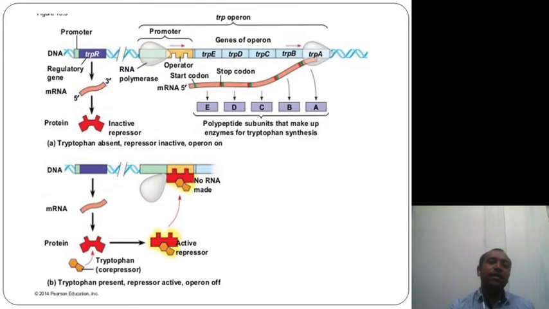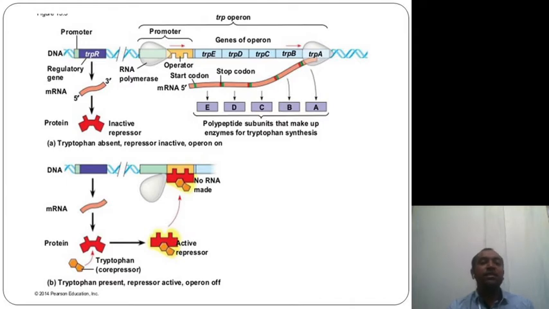Okay, let us see the diagram and try to understand. This is the operon. In the first case, we will be talking about when tryptophan is absent in the medium. Now, this TRPR, a regulatory gene, as you can see over here, is constitutively expressed, so it undergoes transcription to produce messenger RNA.